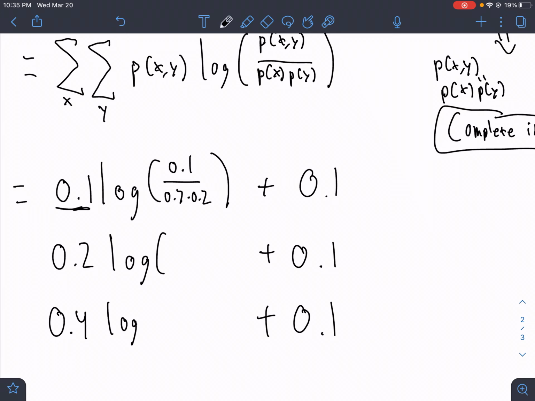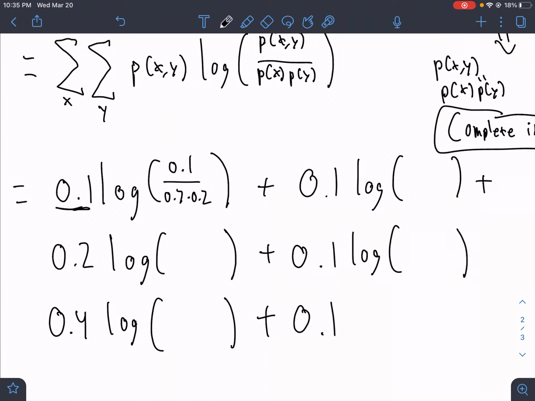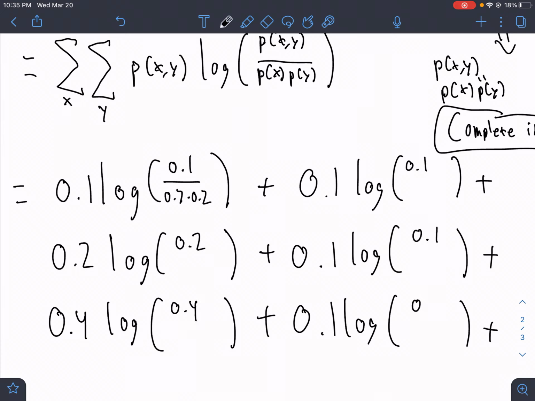So log, and we know that the numerator is always the same as the coefficient of that, I guess, block. I don't know the mathematically correct term for this. So 0.2, 0.4, 0.1, 0.1, 0.1.